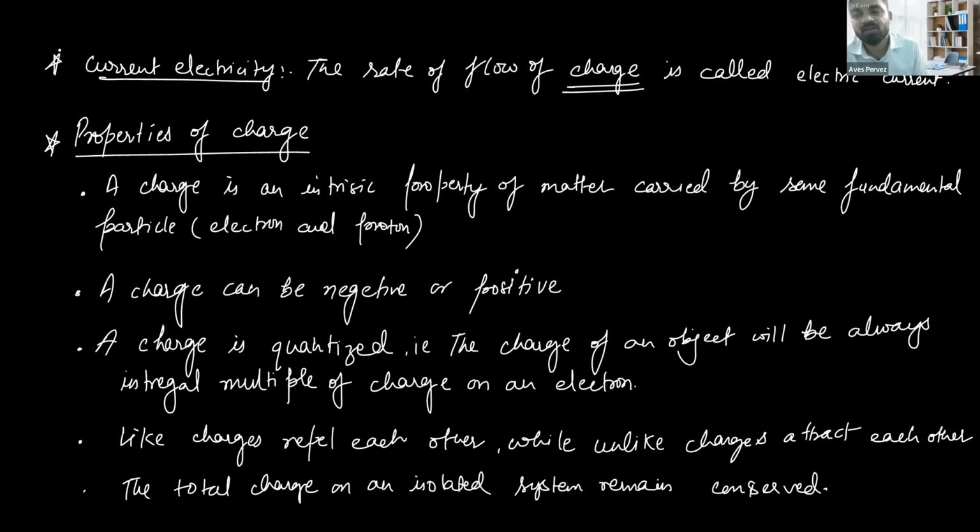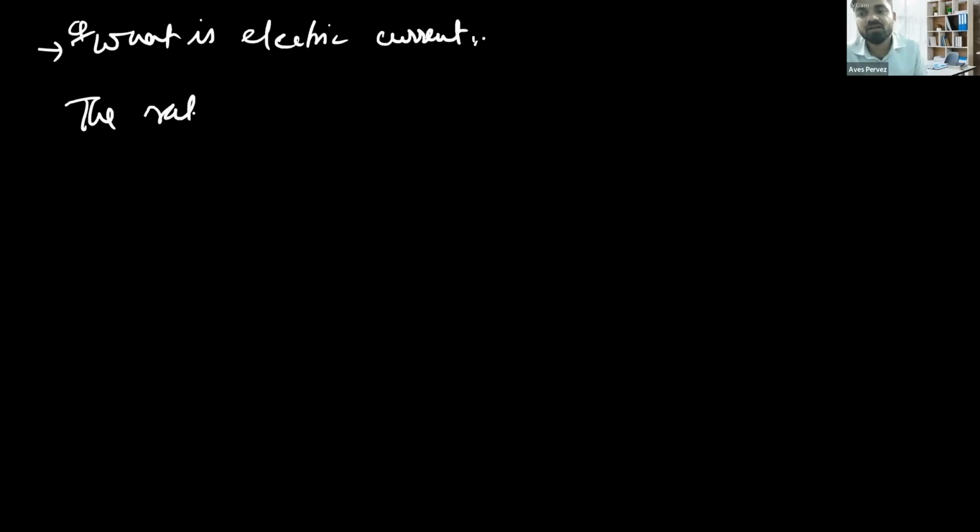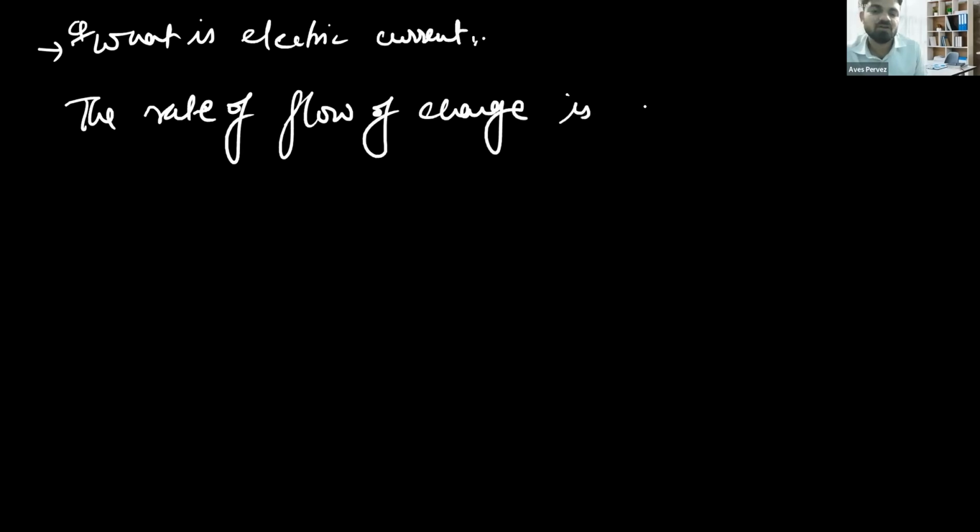What is electricity, or what is electric current? We can simply say that the rate of flow of charge is called electric current.